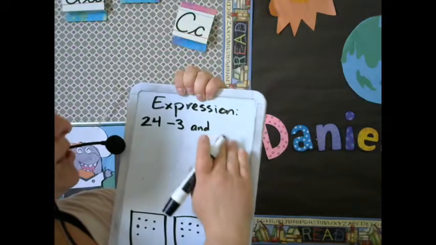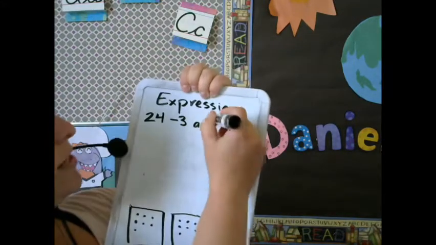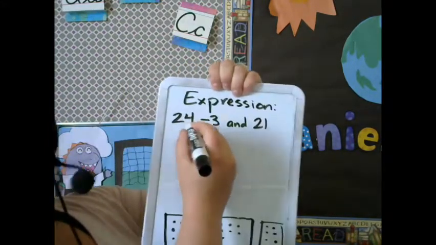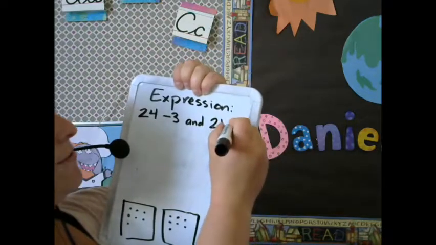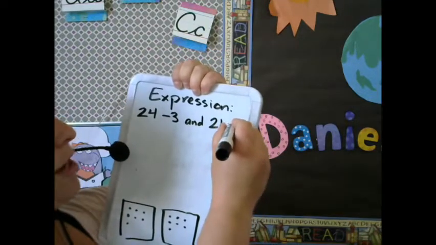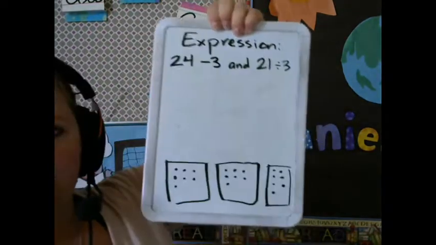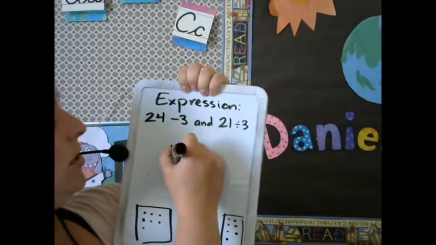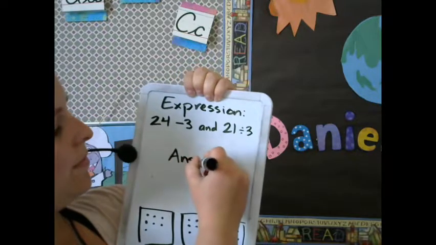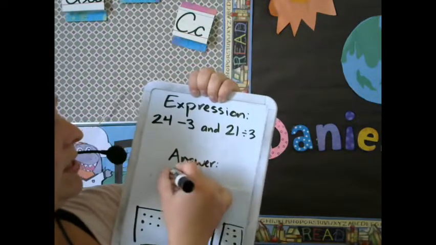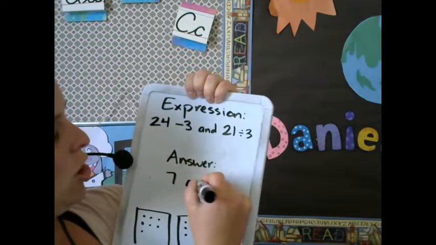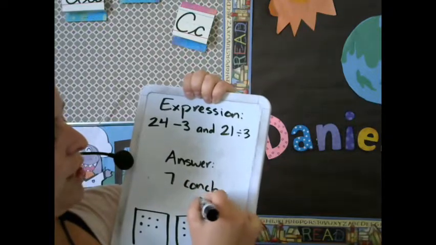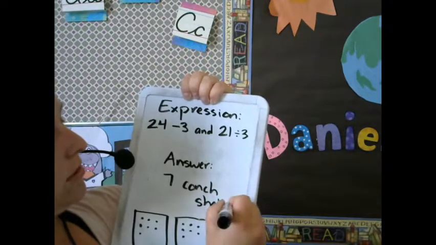My second expression would be 21, because 24 minus 3 is 21. And then I divided it evenly amongst the 3 people, so 21 divided by 3, and that's how I got my answer. My answer is 7 conch shells, or I could just put 7 shells.